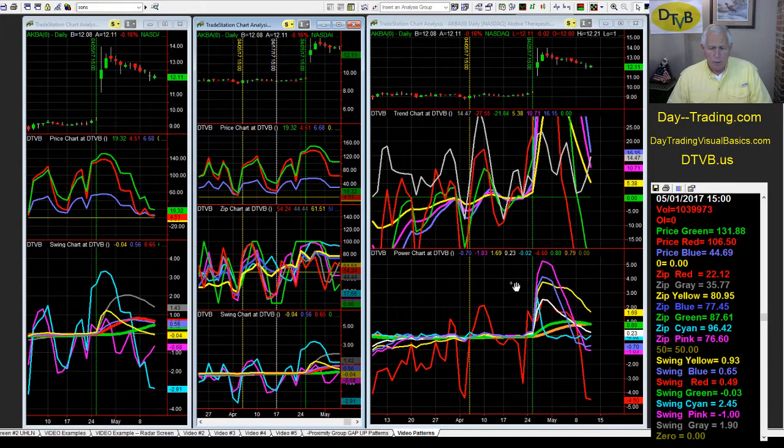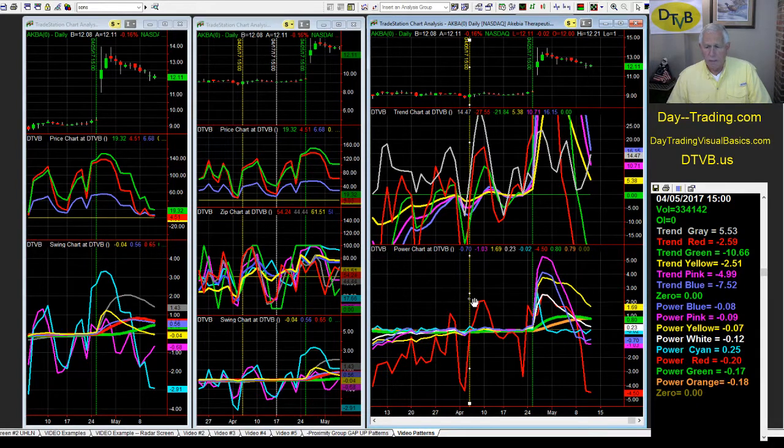The next thing that I want to point out and compare is the physical height of the different lines. In the yellow line right here, power red was at minus 0.2, so it's just slightly under 0.